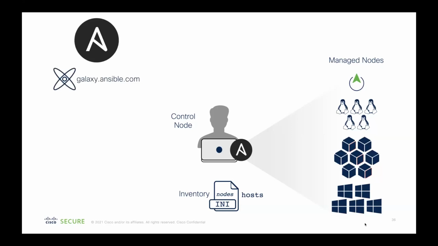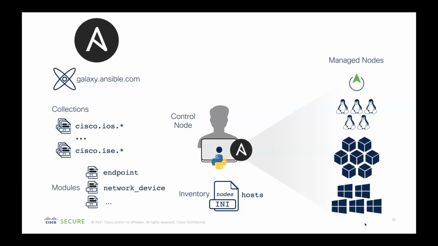The way Ansible works is they have a website called Galaxy, and this is where they keep what are called collections. Collections are basically collections of modules that we built. This is why we did the cisco.ise SDK and the cisco.ise modules and collections for Ansible.